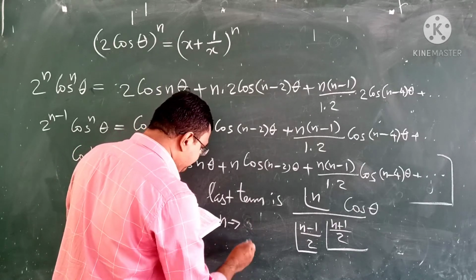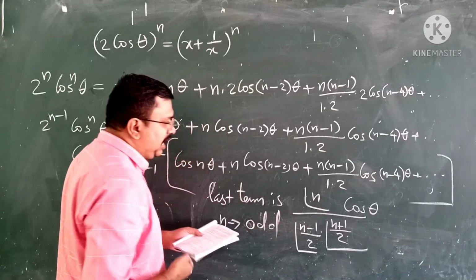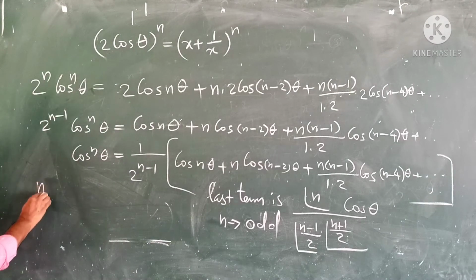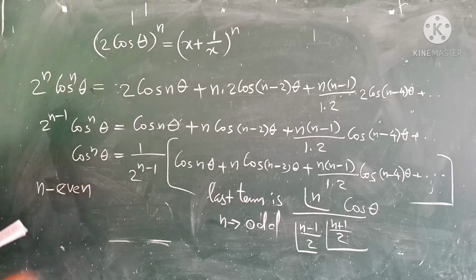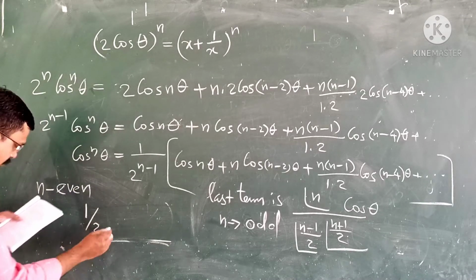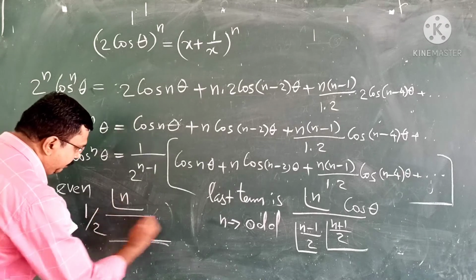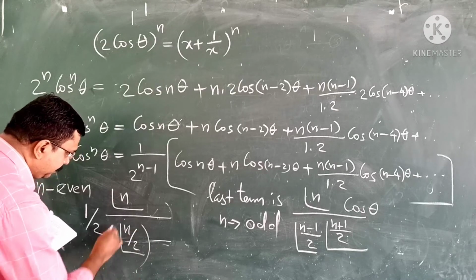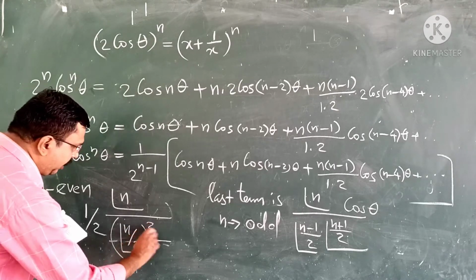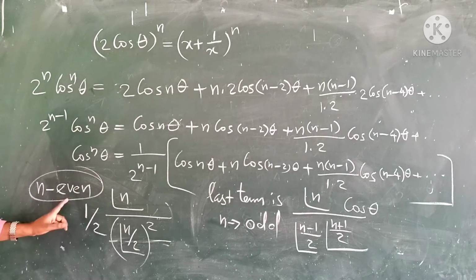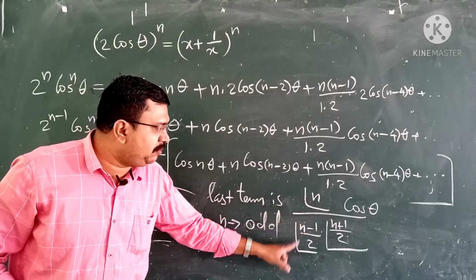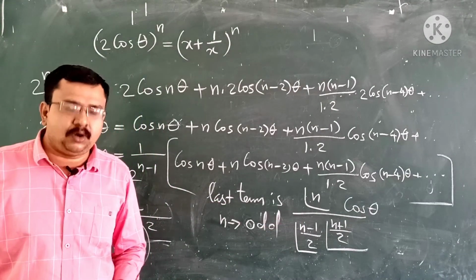If n is odd, then the last term is this one. And if n is even, then the last term is 1 by 2 into n divided by (n by 2) the whole square. If n is even, then the last term is this one. If n is odd, then the last term is this one. Please write down on your notebook.